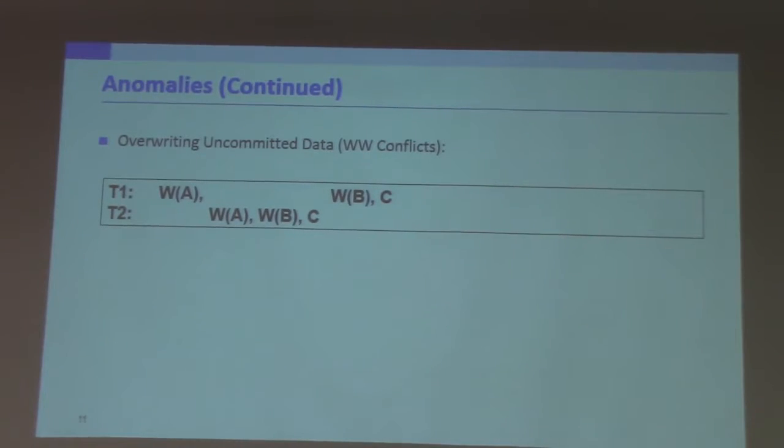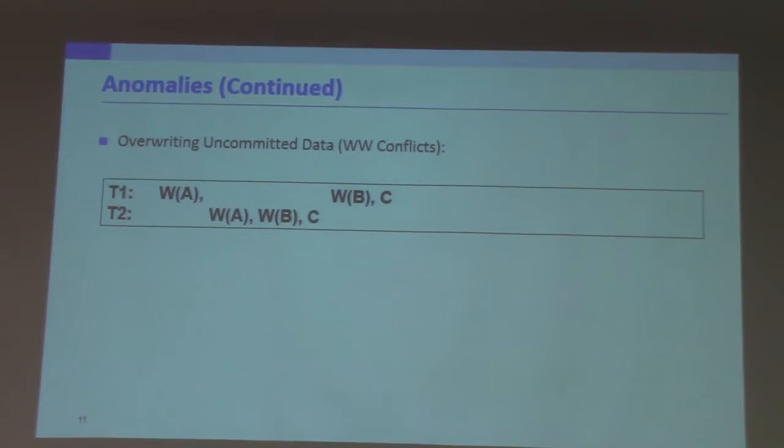For serializable isolation level, for serializable isolation. And this schedule, if you think about it, is actually totally okay for repeatable read isolation. There are no dirty reads. So this schedule is allowed in repeatable read isolation, but it's not okay in serializable isolation. Do you follow the argument?